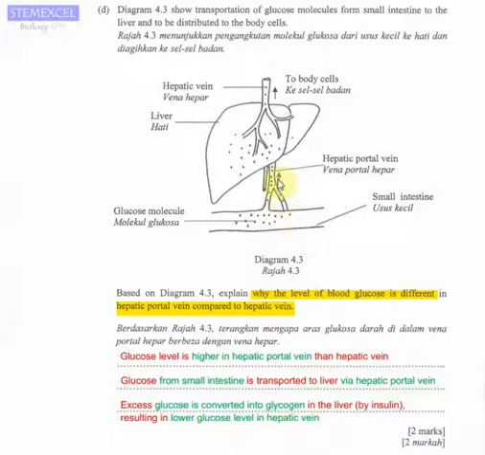And once the glucose has reached the liver, the excess glucose will be converted into glycogen in the liver, and this is of course by the insulin, and the resulting sugar level in the hepatic vein will be much lower. So in a very logical, step-by-step manner, you can answer this question using the diagram itself. You have 3 points here that you can put, and you are allocated about 2 marks over here.